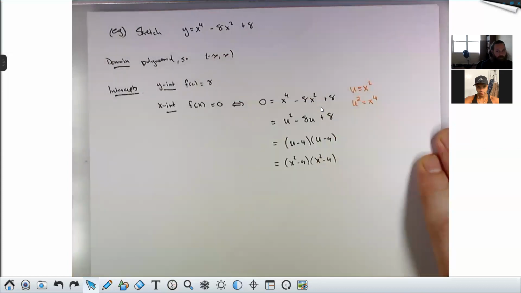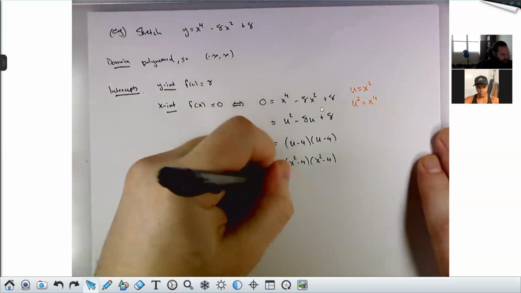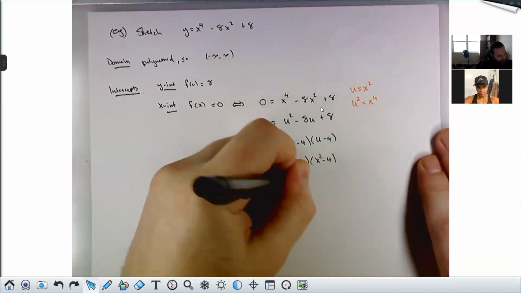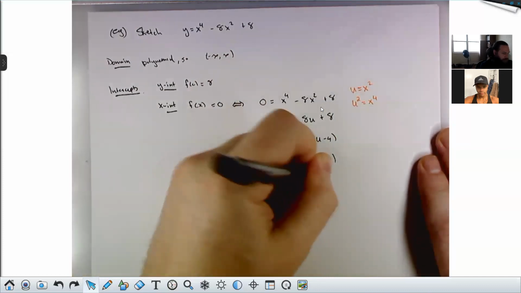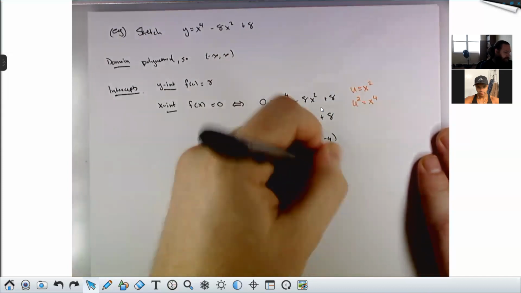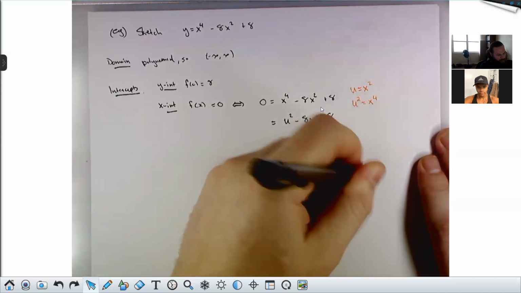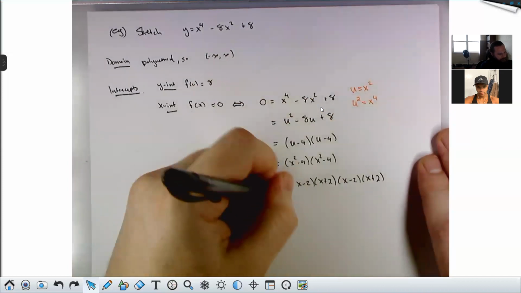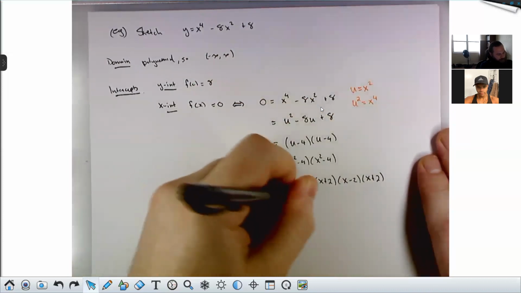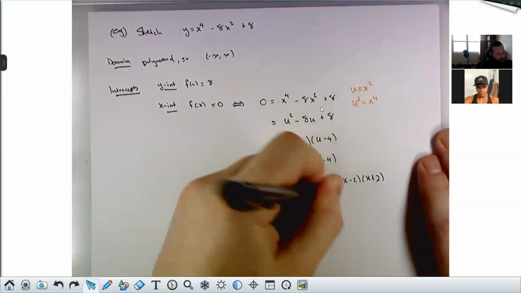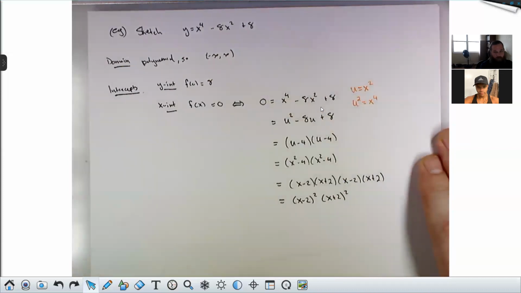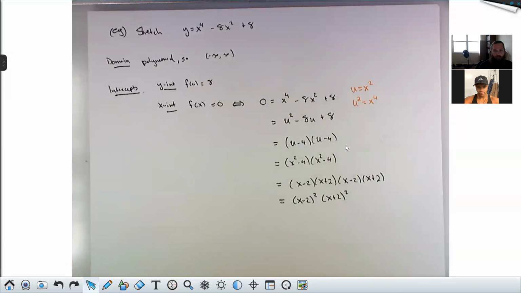Now I go back to my x's, and this is x minus 2 times x plus 2, and each of those shows up twice. So in other words, this is x minus 2 quantity squared times x plus 2 quantity squared. This is a nice trick for factoring.